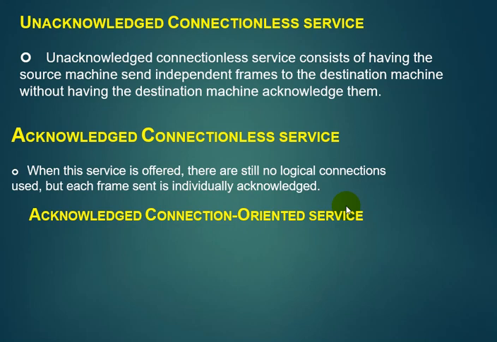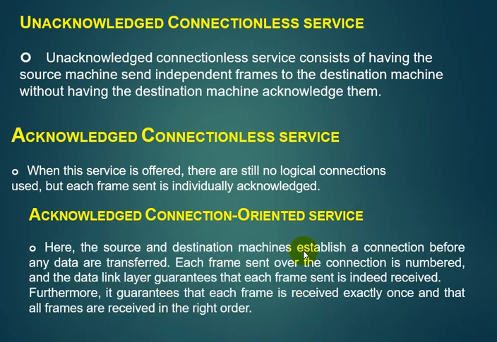Here the source and the destination machine establish a connection before any data are transferred. Each frame sent over the connection is numbered, and the data link layer guarantees that each frame sent is indeed received. Furthermore, it guarantees each frame is received exactly once and that all frames are received in the right order.